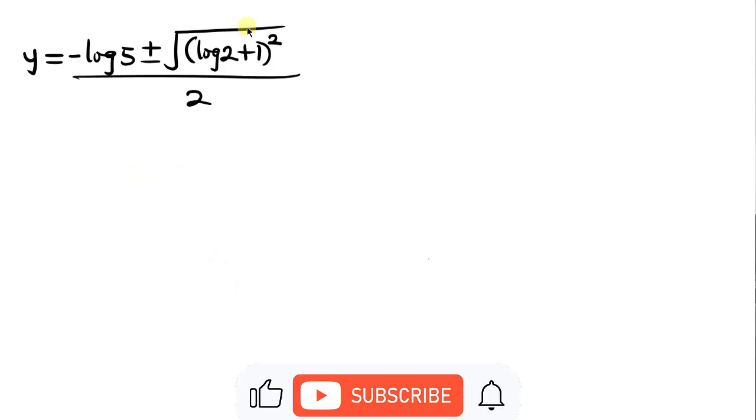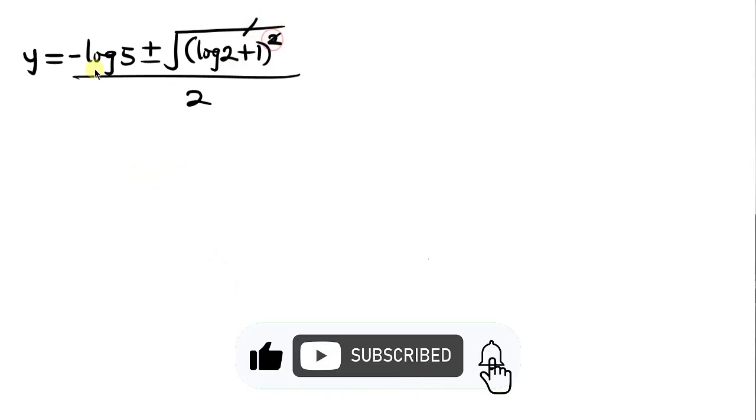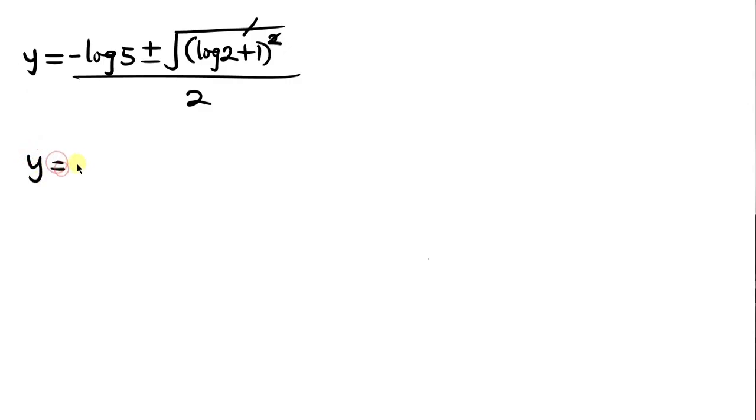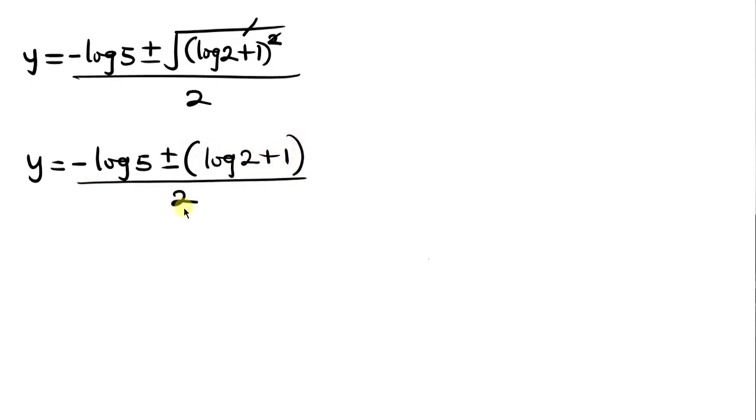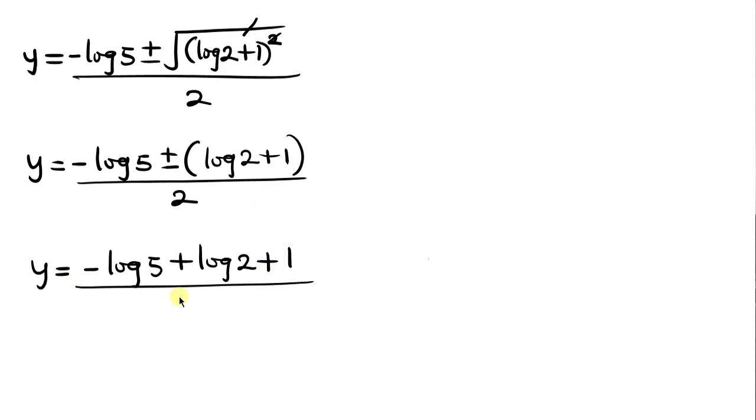Now notice that the square root can cancel the square so that we have y to be equal to negative log 5 plus or minus what I have here, which is log 2 plus 1 all over 2. Our next step will be for us to separate the plus and the minus. So we have y to be equal to negative log 5 plus, going with the plus first, log 2 plus 1 all over 2.